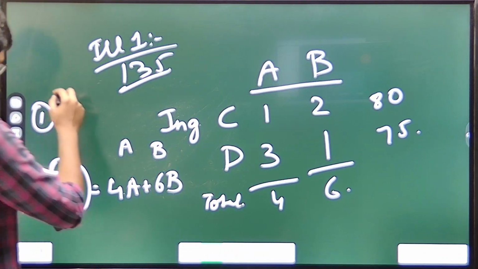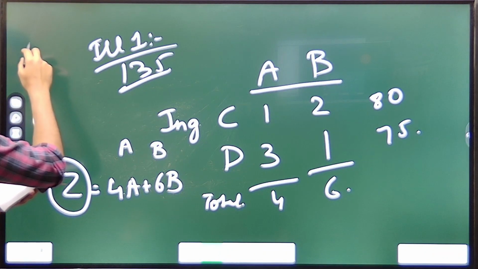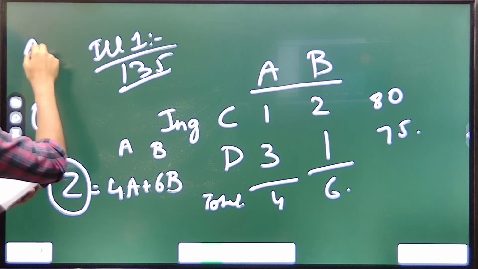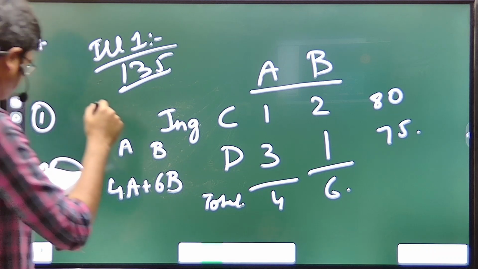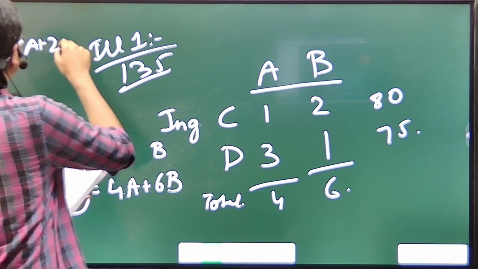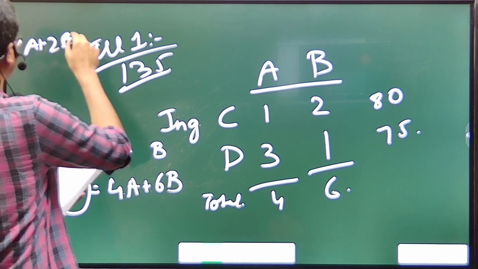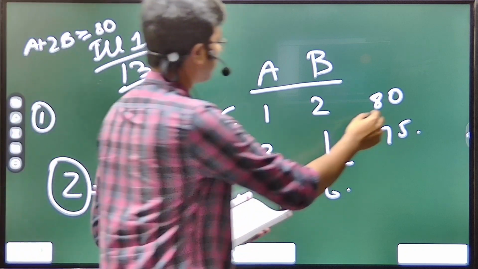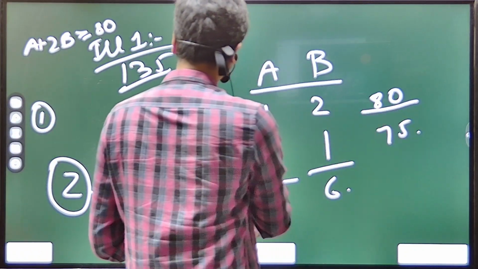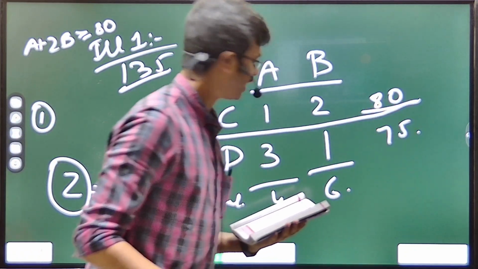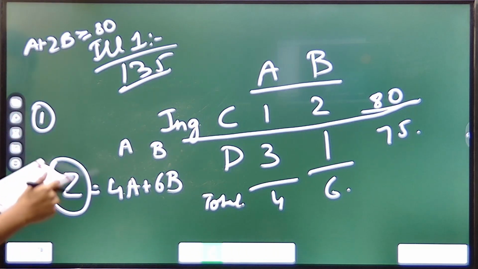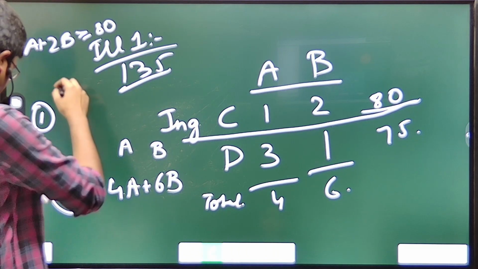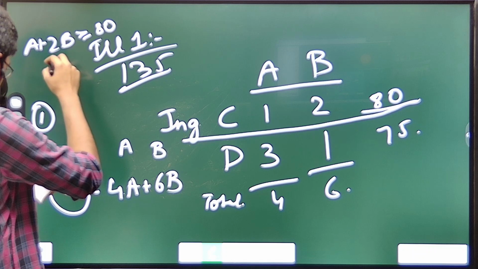So he means how many units? A plus 2B should be greater than or equal to 80. You have to manufacture 80, so ingredient C 80 should be used. Constraint required for ingredient C.